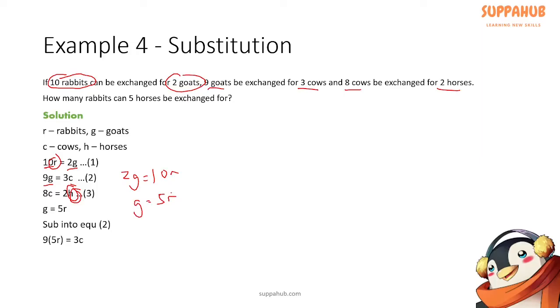You know goats now, so you have 9 times 5R, which is 45R. So 3 cows equal 45R. Since you are talking about relative proportion, with 1 cow it will be 3C = 45R.